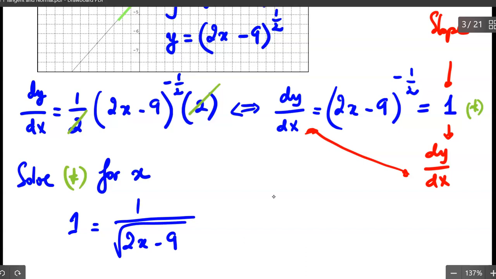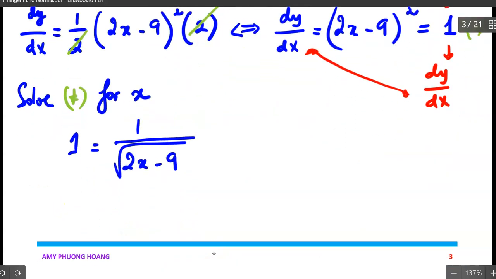I bring it down to the denominator as a positive exponent, and then I convert that into a square root. Now you see this equation is easy for you to solve for x. This is an equation with one unknown, so you can go ahead and solve for x. Instead of writing negative half, you put divided by the square root of 2x minus 9, which makes things a lot easier.